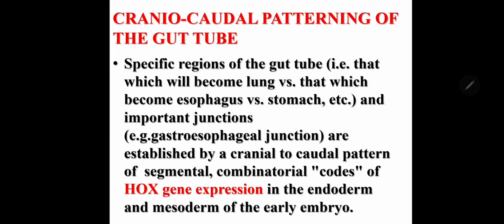So the specific regions of the gut tube, that is which region will form the entire respiratory system and which region will form the esophagus and stomach, and important junctions are established by the cranial to caudal patterning of the segmental and combinatorial codes of Hox gene expression in the endoderm and mesoderm of the early embryo.